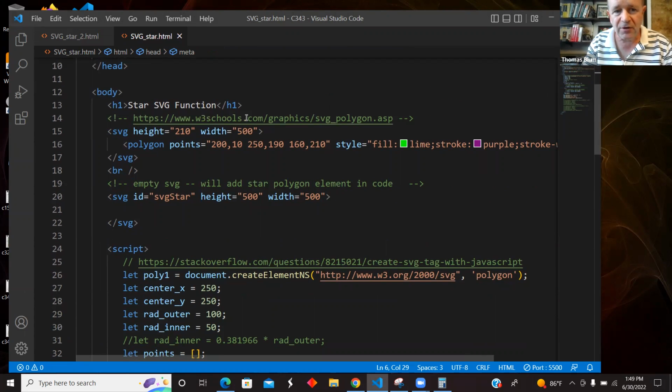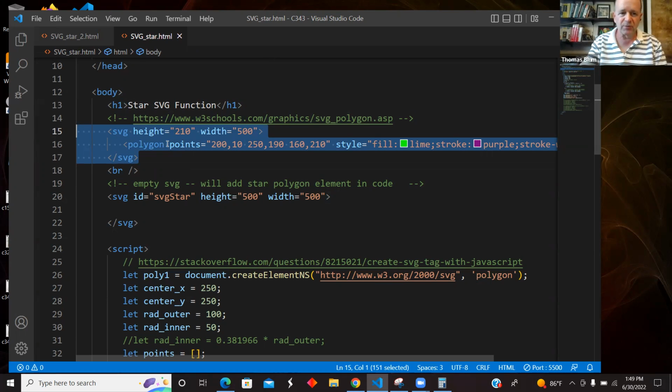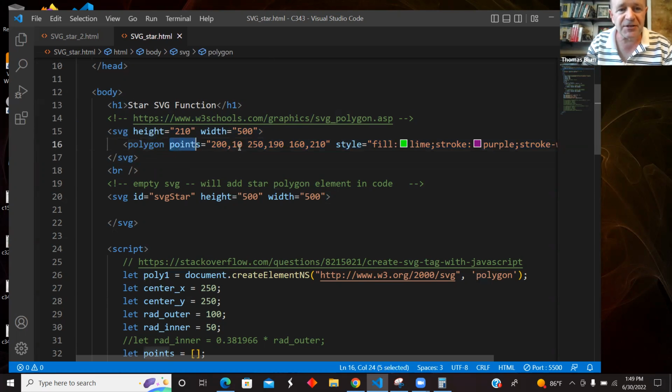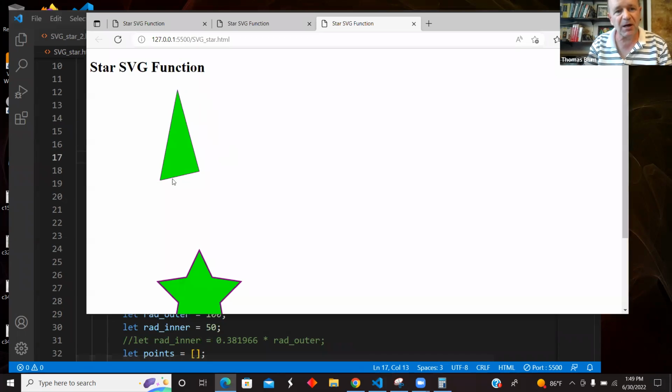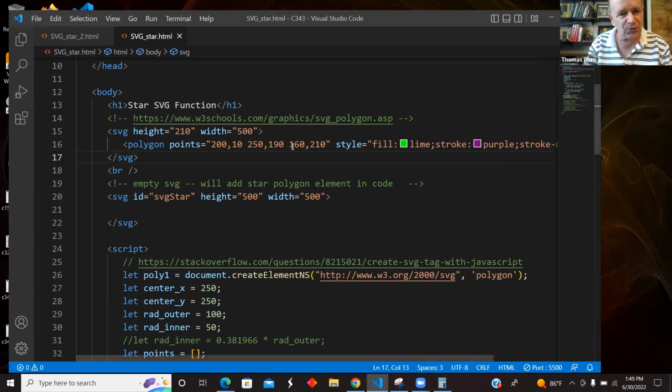To refresh my memory, I went to W3Schools and found their SVG for a polygon. That's what I'm going to use. The polygon has an attribute of a set of points. So this polygon here, let me run this. This top polygon is a triangle, which is a set of 3 XY points.